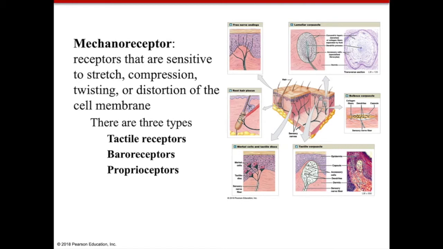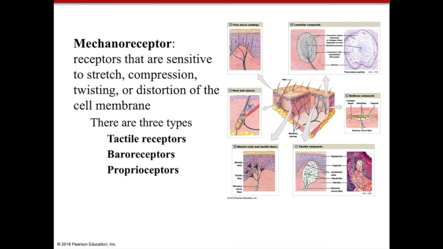Then physiologically they vary from one another in how fast they adapt. Some receptors keep responding to the stimulus, others stop responding after a while. But I'll leave that for you to learn in physiology with more detail. These mechanoreceptors work in very different sensations.